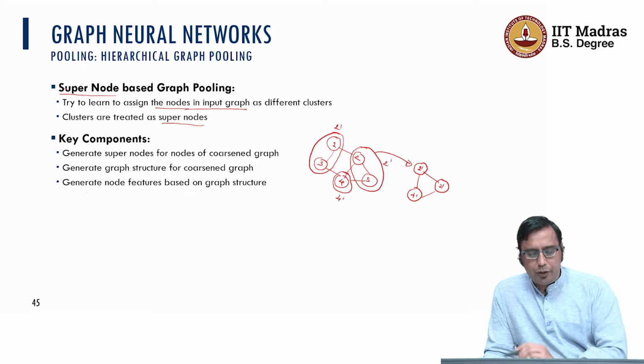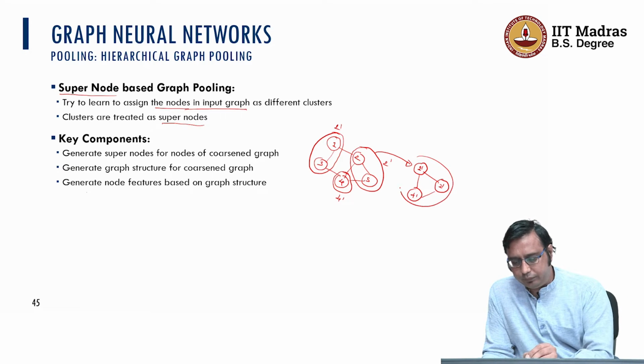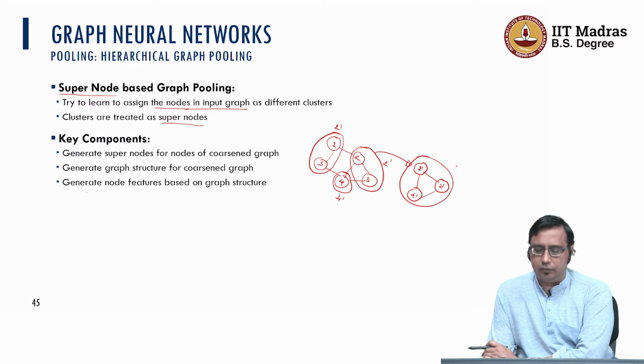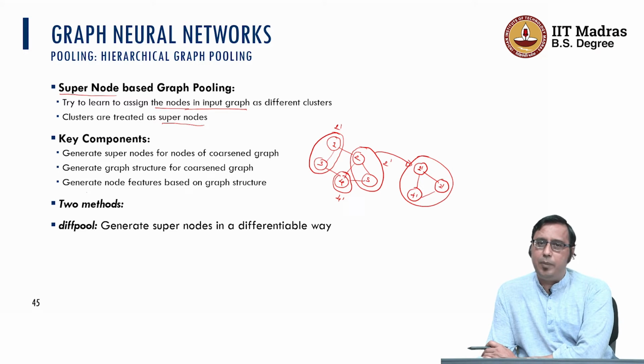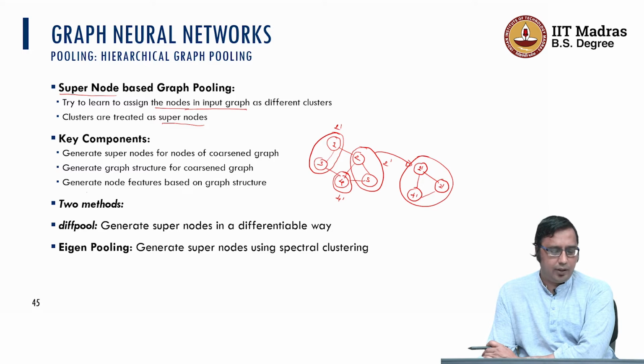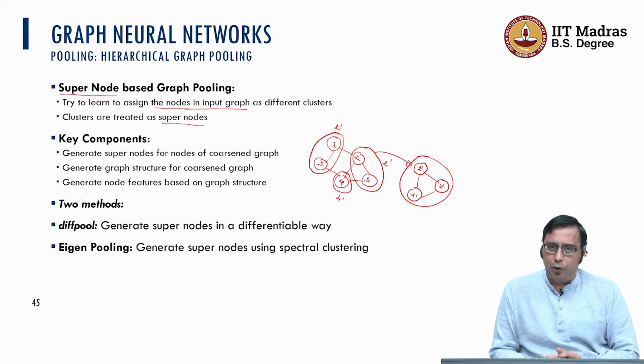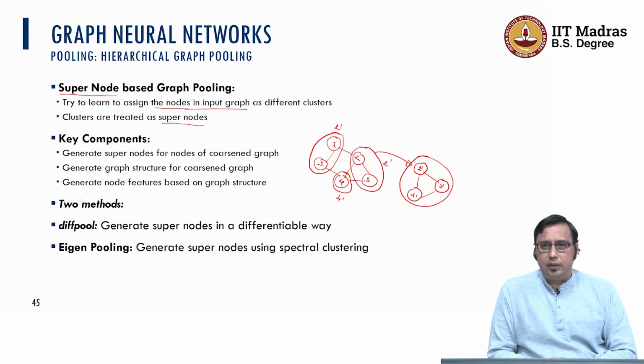And after that, we are going to use this coarsened graph structure to generate node features based on the graph structure. There are two methods. One is DiffPool, another one is EigenPooling. DiffPool uses a differentiable approach to generate supernodes from a given graph structure, while EigenPooling uses a spectral clustering based approach to generate the supernodes.